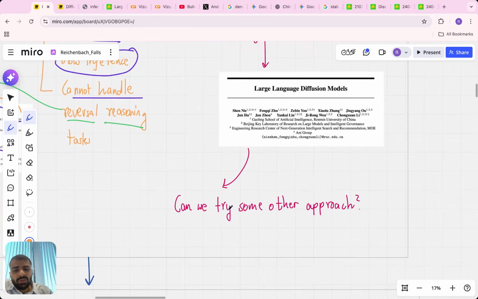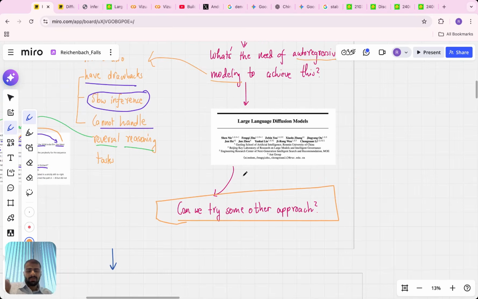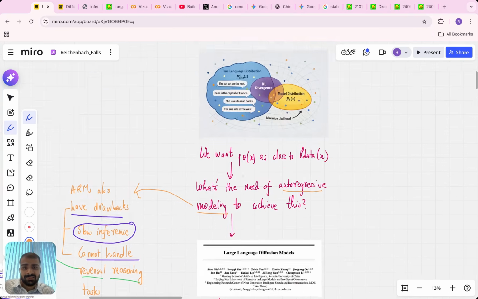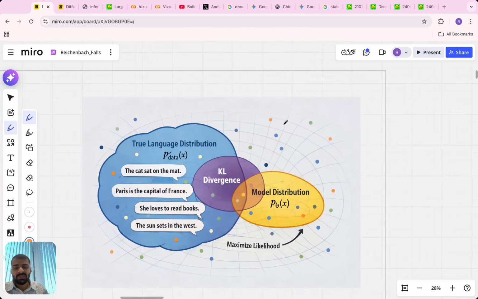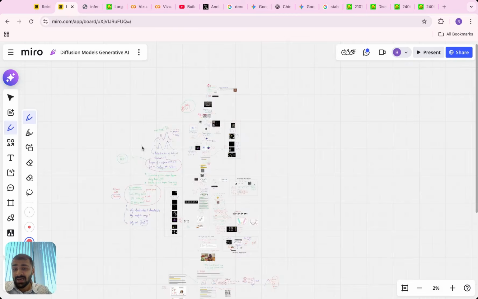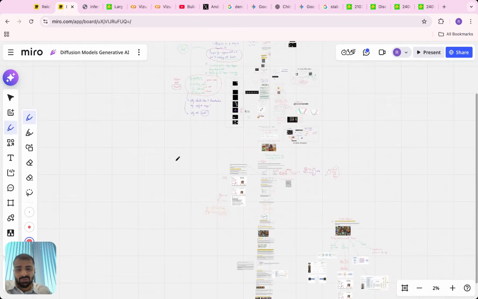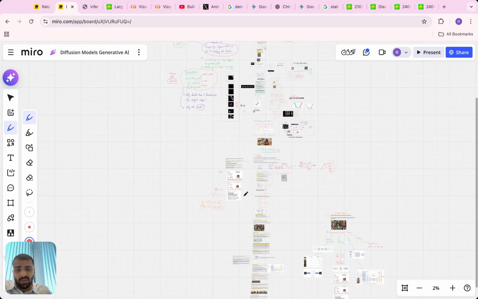So these authors propose, can we try some other approach? Can we try this probabilistic approach with diffusion models? Essentially, if the true language distribution lies somewhere here, can we make a diffusion based language model which tries to approximate this true language distribution as close as possible? This is very similar to the purple and the red probability distributions which we saw for images, if you remember.